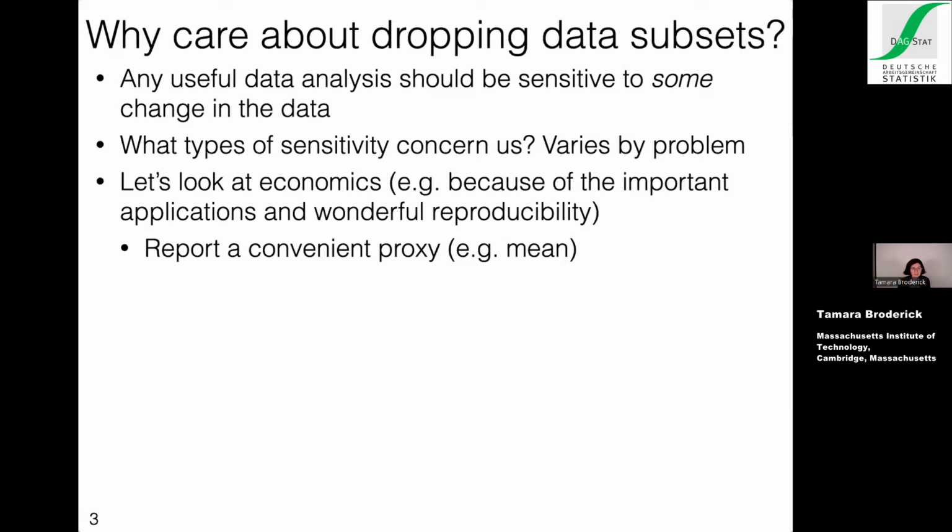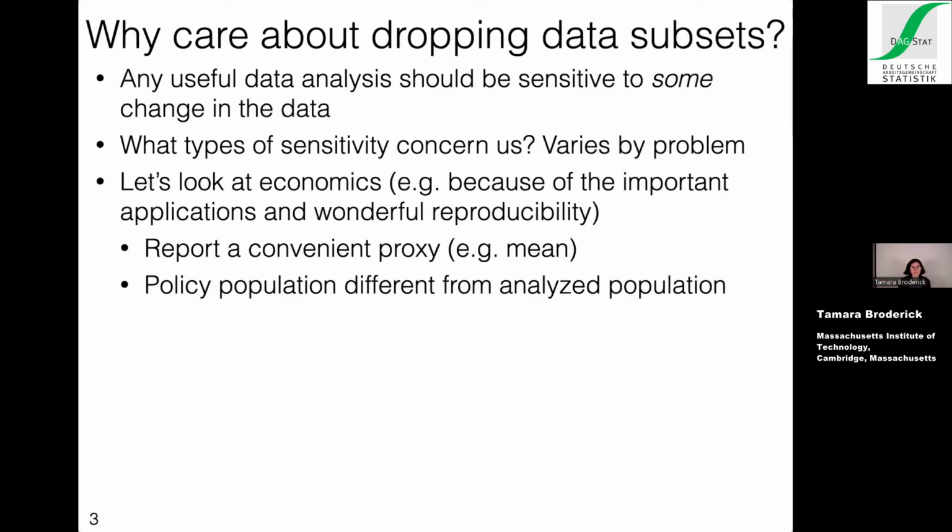Not only do we have this issue of reporting a convenient proxy in general, but it's always going to be the case, as we said at the beginning, that our policy population is different from the analyzed population. So, we run a microcredit study in Mexico in order to understand something fundamental about microcredit.